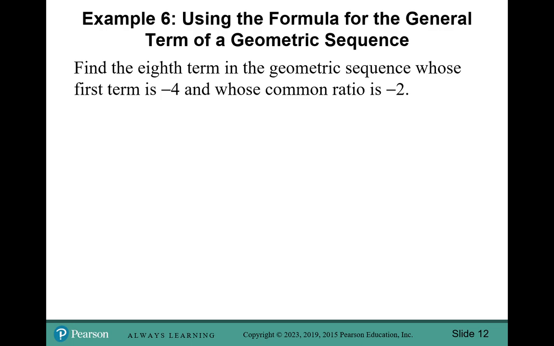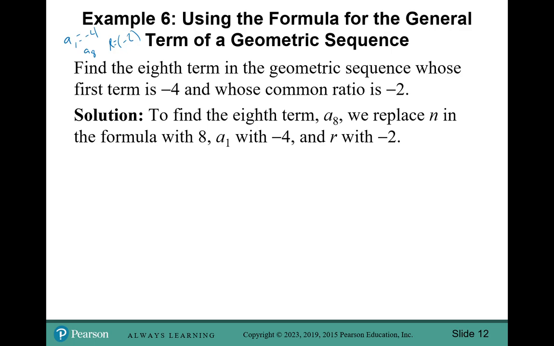Okay, we know the first term. That's our a1. So our a1 is -4 and our common ratio is -2. So r equals that -2. Okay, and then we're trying to find a sub 8 because that is our nth term.